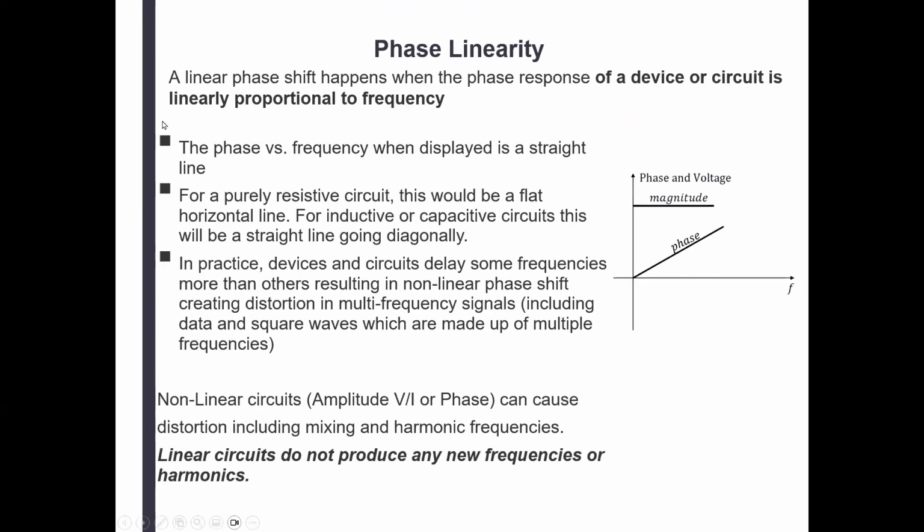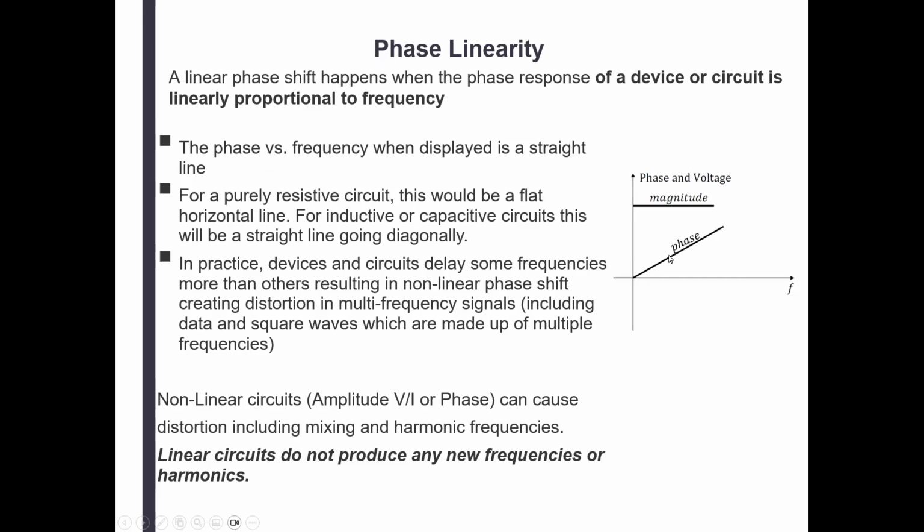Okay, so linear phase shift happens when the phase shift responds to the changes of the frequency. So when the phase shift response of a device or a circuit is linearly proportional to the frequency, the phase versus frequency when displayed is a straight line.